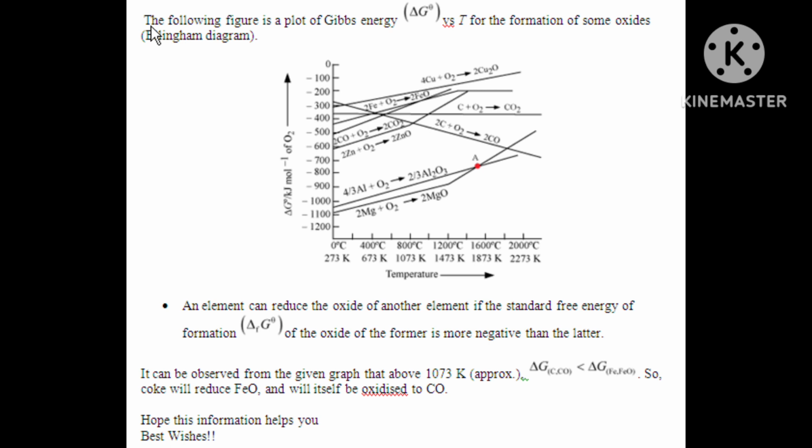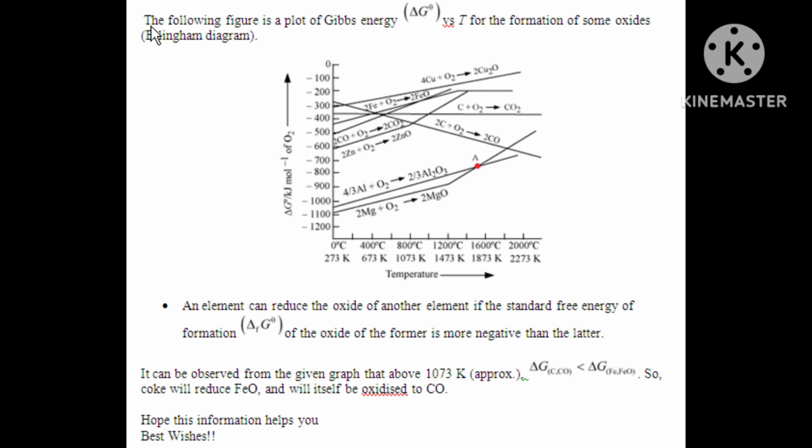This is the only answer. The reactant is metal oxide in solid state and the product is metal in liquid state. Then delta S is more and delta G will be negative.